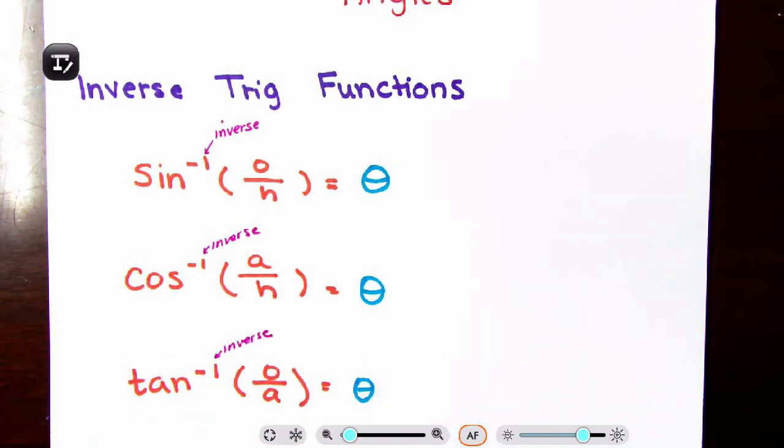When you take an inverse, it switches the input and output. So originally we had sine of theta, but now we have inverse sine of our ratio, opposite over hypotenuse, which equals theta.